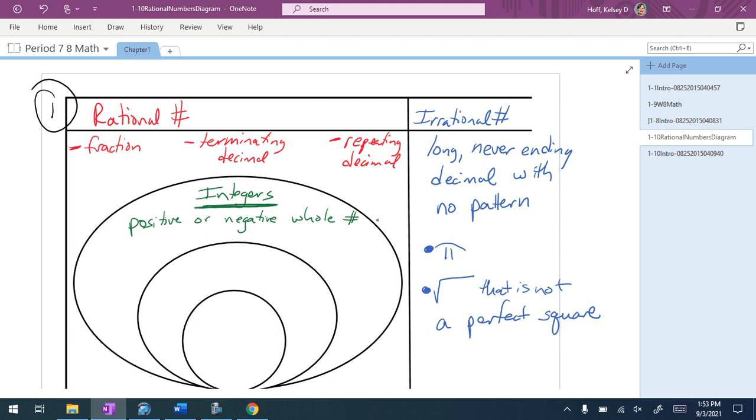And then the next group is called whole numbers. What do you think the difference is between an integer and a whole number? Very good. Whole numbers are only the positive numbers without, wow, that's a weird looking W. I always say W/O, without a decimal.